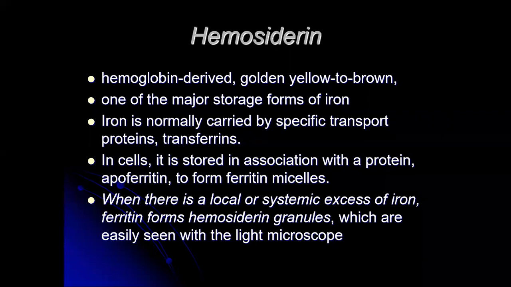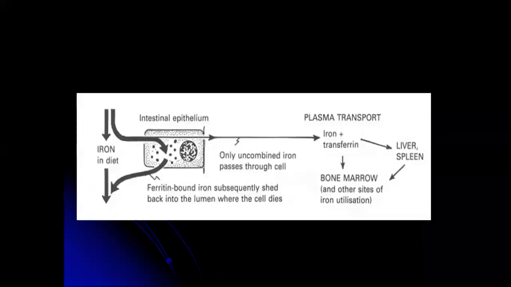When these become in excess, they have to be stored in a form referred to as hemosiderin. So when there's a local or systemic excess of iron, the ferritin forms what is referred to as hemosiderin granules. This can be visualized with a light microscope. So this is iron metabolism.